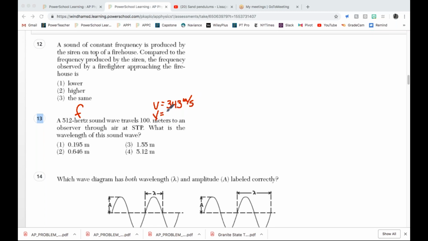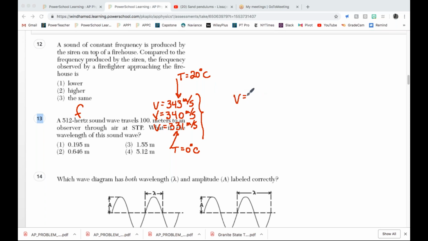This problem potentially uses 340 meters per second, but even if they used 331 meters per second, any of those variants of the speed of sound would work. By the way, the lower one is the speed of sound at 0 degrees Celsius, the upper one is the speed of sound at 20 degrees Celsius, and the middle one is just an approximation, since these numbers are so close.